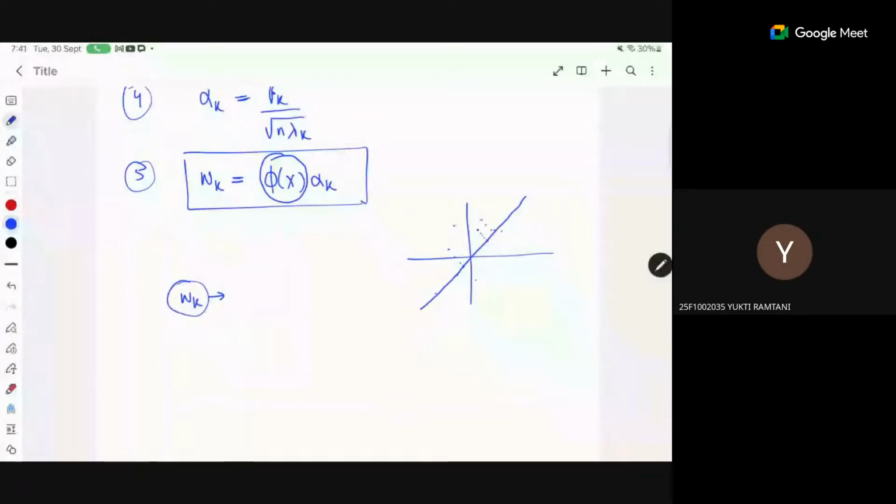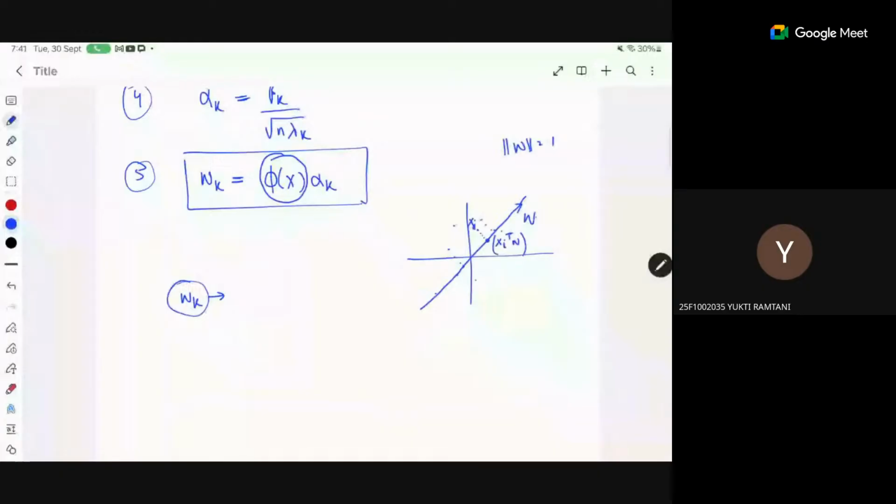Earlier, let's say this is my x1 and this is my w, right? This projection was given by the dot product, xi transpose w, and we had assumed from the very start that the norm is 1, so we'll just ignore it. So this is a projection.